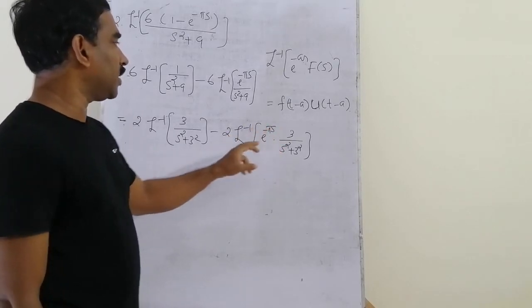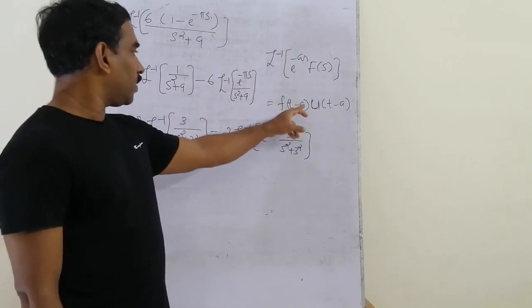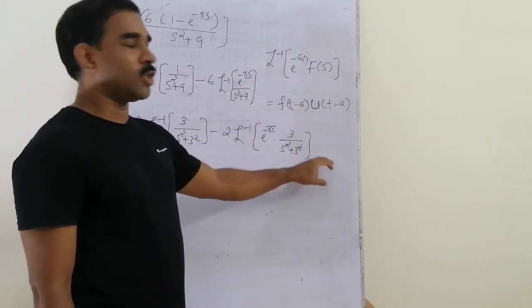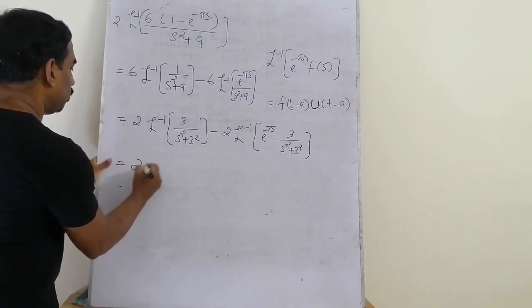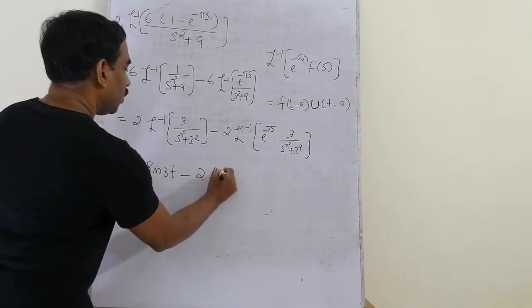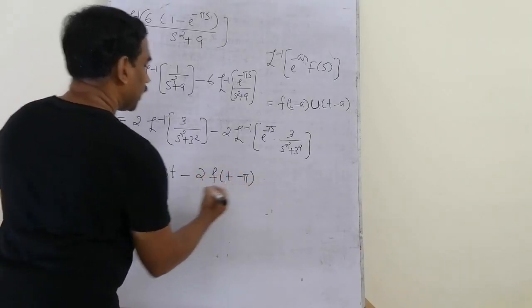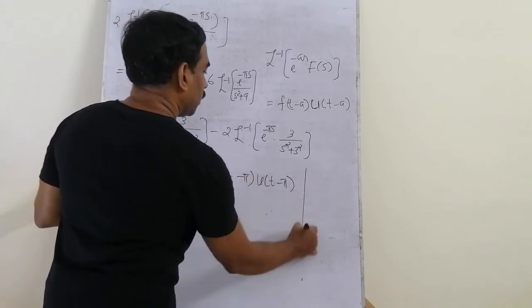So according to the second shifting theorem, we can compute the inverse Laplace transform as f(t minus pi) into u(t minus pi). That is equal to 2 sin 3t minus 2 into f(t minus pi), this is a translated function, into u(t minus pi). Here what is f?